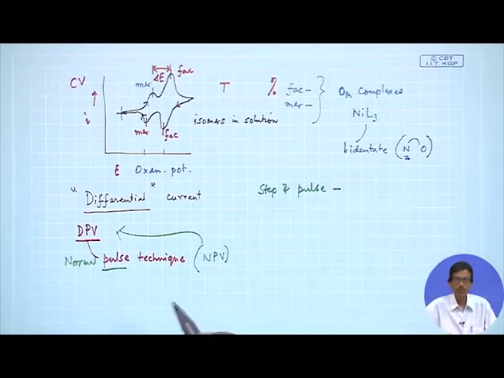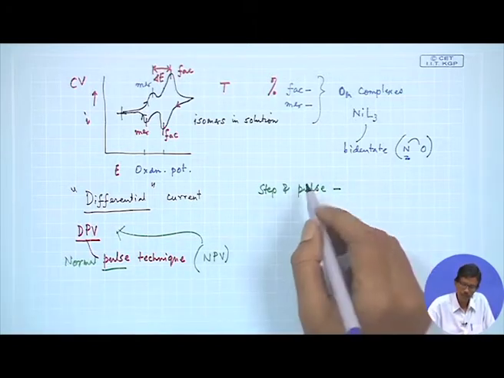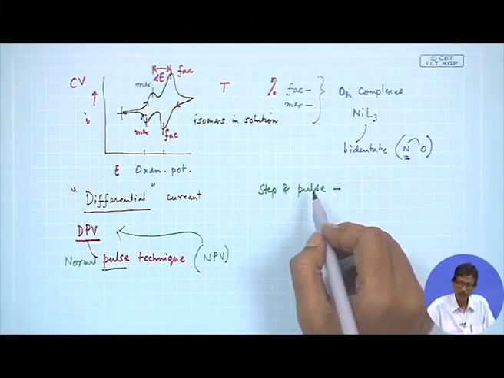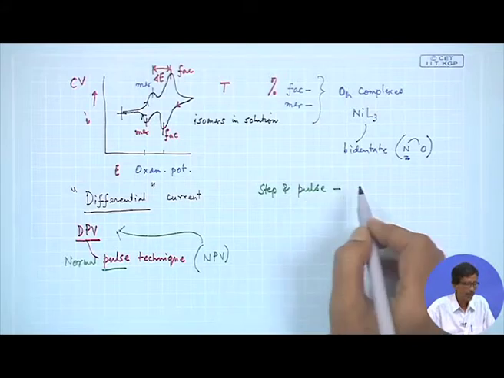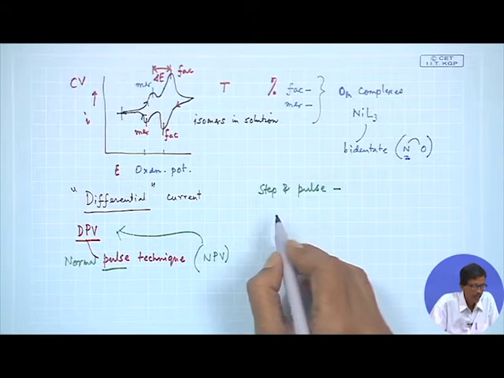Again, with the development of electronics and the available computers, and a little bit of small computation is also very much needed. So, the development of the electronics part and the computer part is very much important to get this step and pulse technique. And what you have?